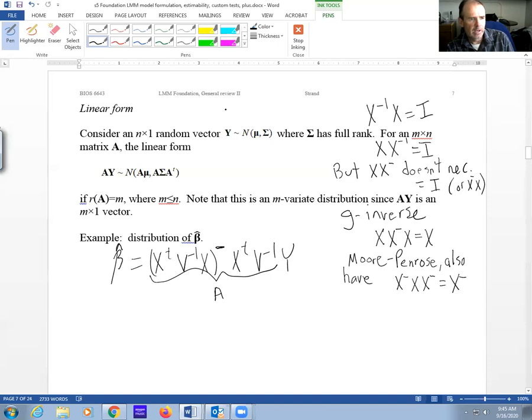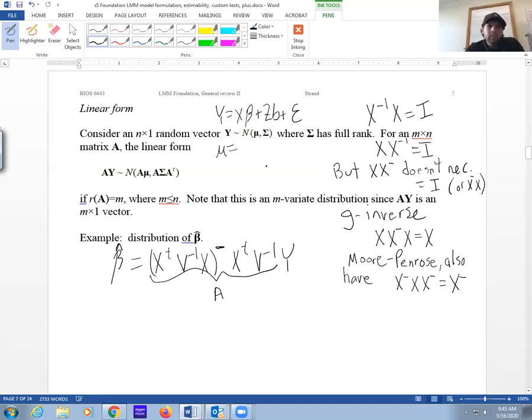We know that y has this form, and we talked about the distribution of y last time. So what is mu for a linear mixed model, for the y outcome, the marginal mean? Is it 0? No, not quite.